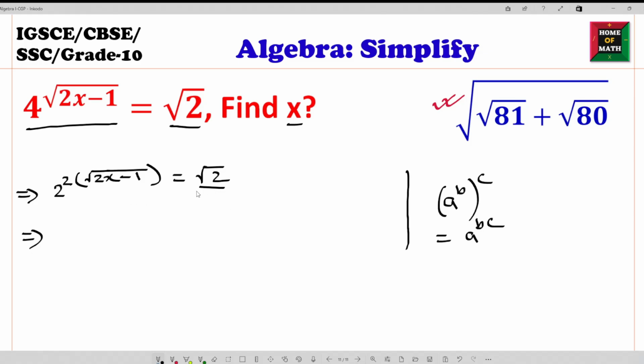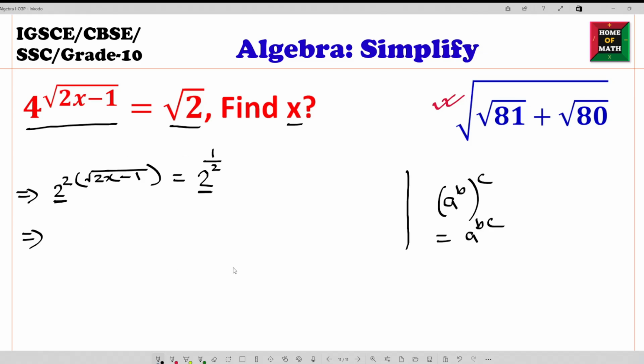Okay. Now look, here is root 2 and here is 2. So for this one, what can we do? We can write another thing. Look, again this root 2 we can write 2 to the power 1 by 2. Now look, here base is 2 and here is also 2.